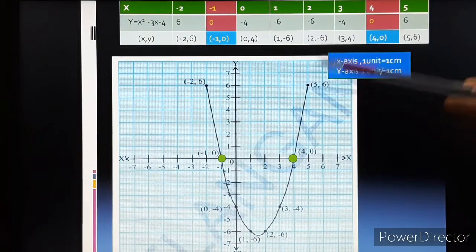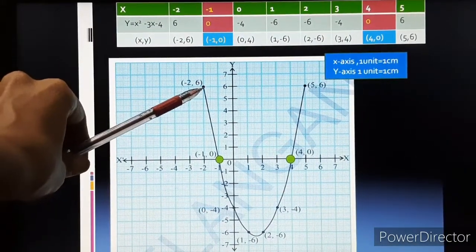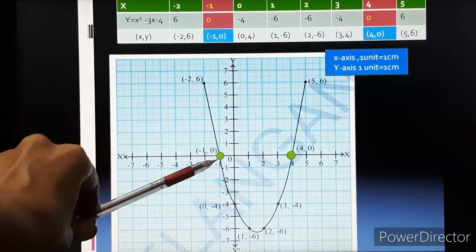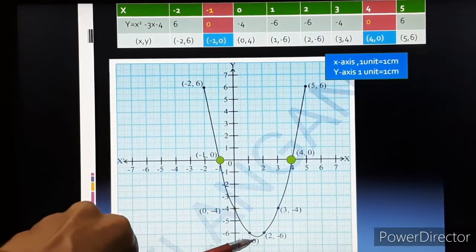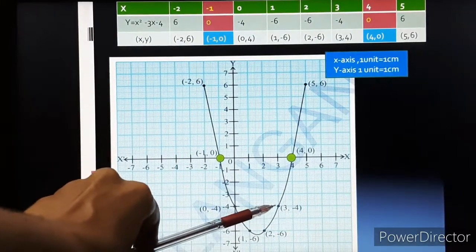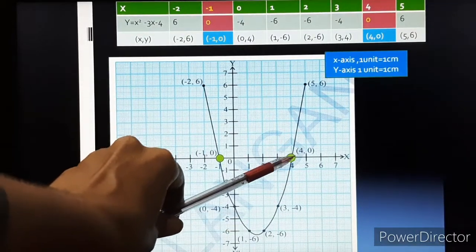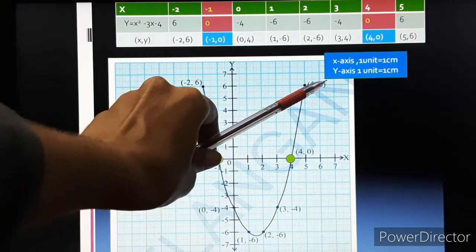This will be the points. Now I will show you the points here. Minus 2 and 6. Minus 1, 0. 0, minus 4. Here 1, minus 6. 2, minus 6. 3, minus 4. 4, 0. Here 5, 6.